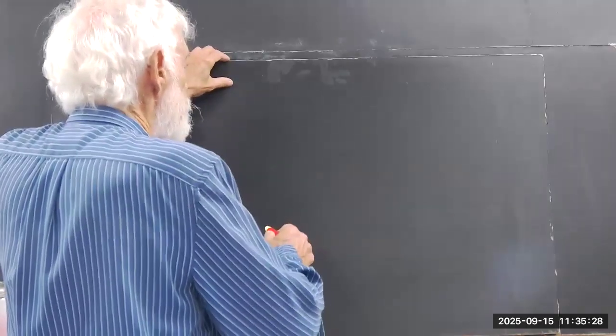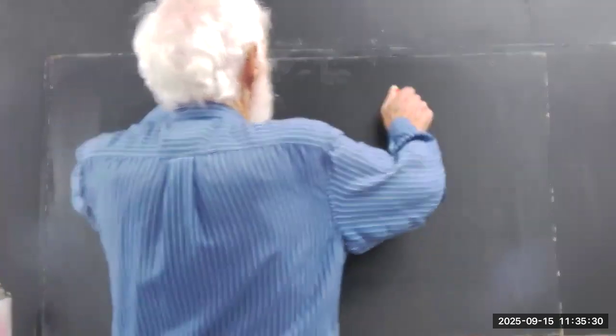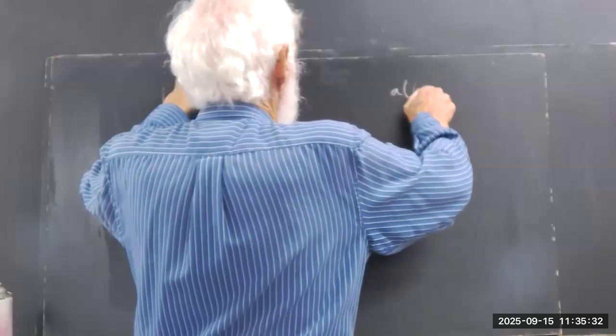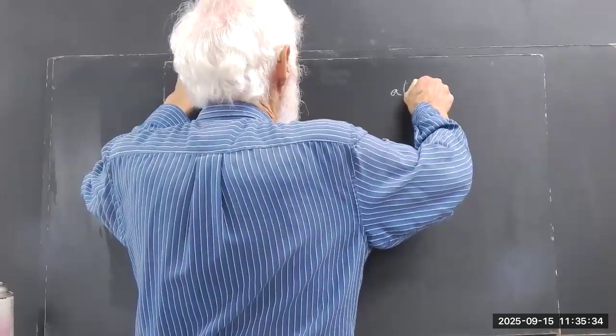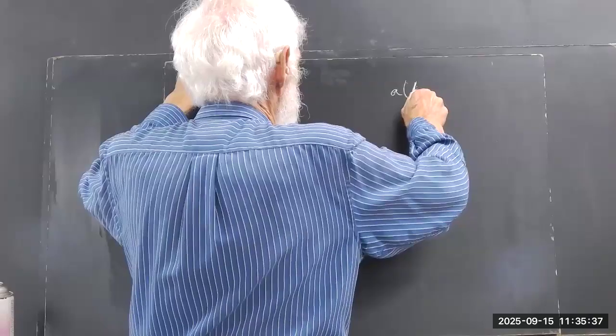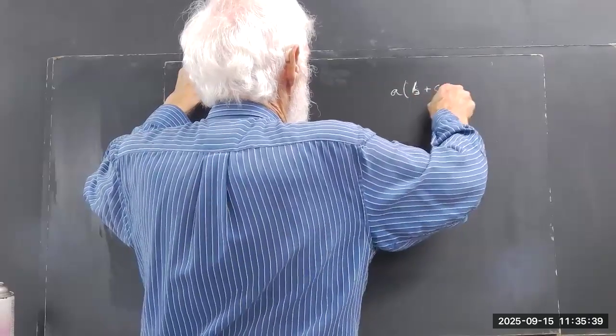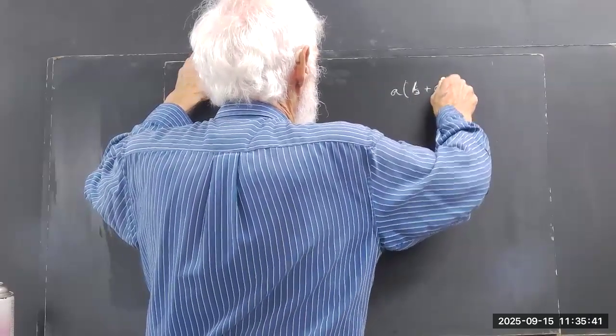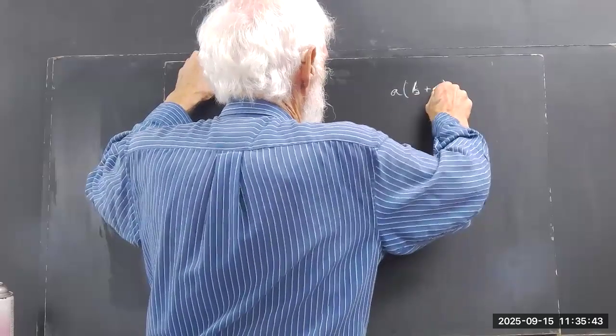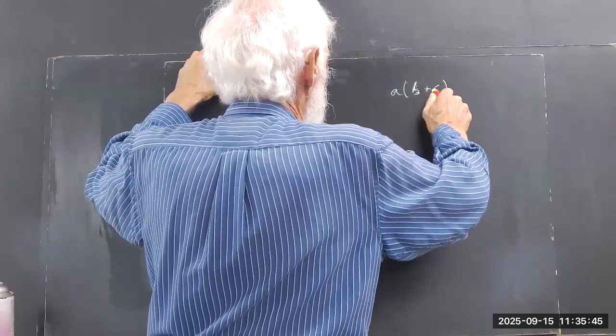Now, the next problem was A multiplied by, yeah, this chalk is just not much good. Keep having to turn it. No matter how I turn it, it doesn't write well.